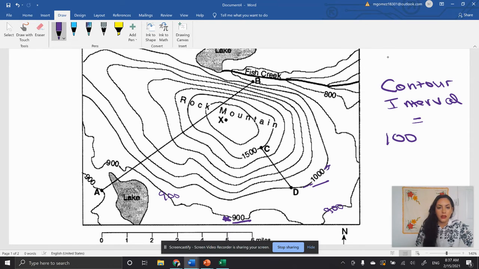Now, for one of the questions you're going to have to answer, here first is 1,000, then you continue adding 100. So 1,000 plus 100 is 1,100, plus 100 is 1,200, plus 100 is 1,300, and continue.